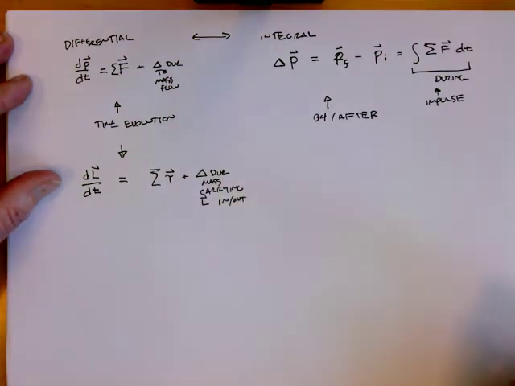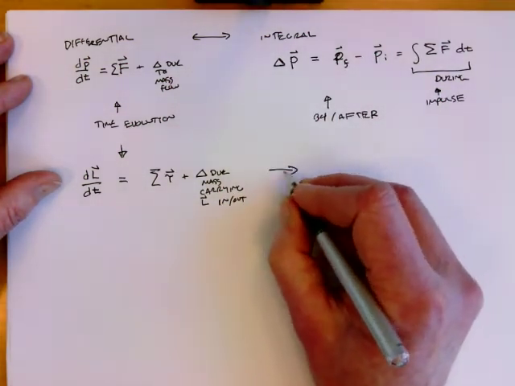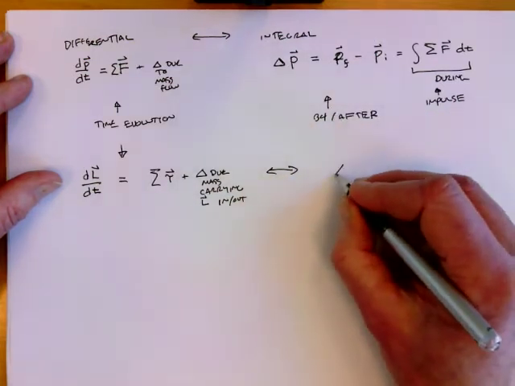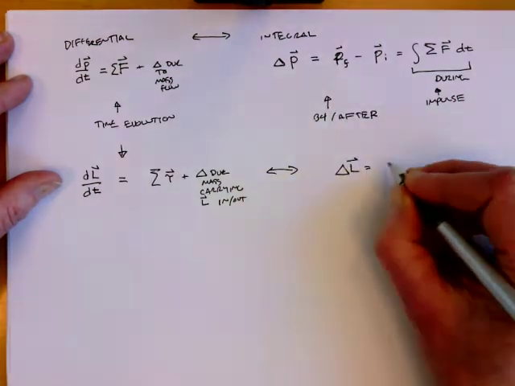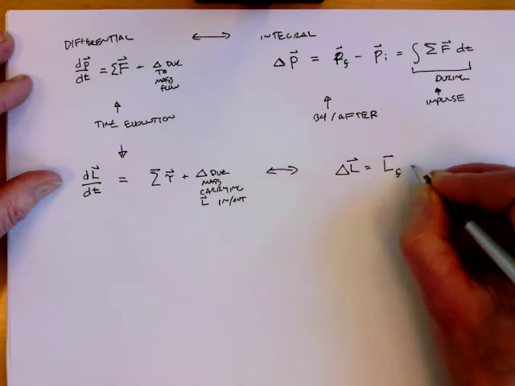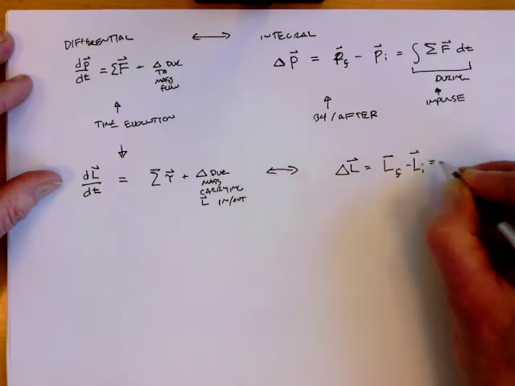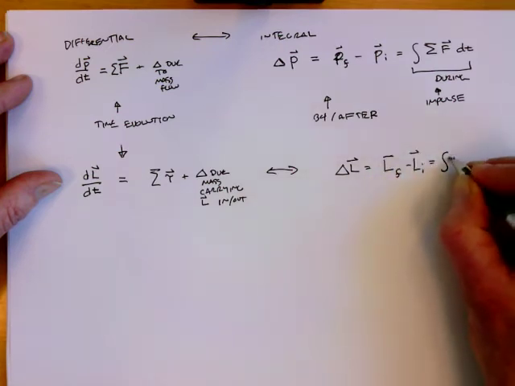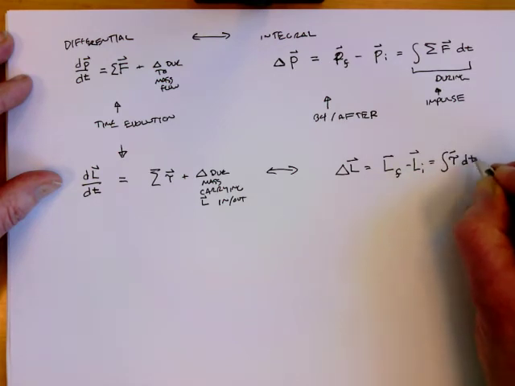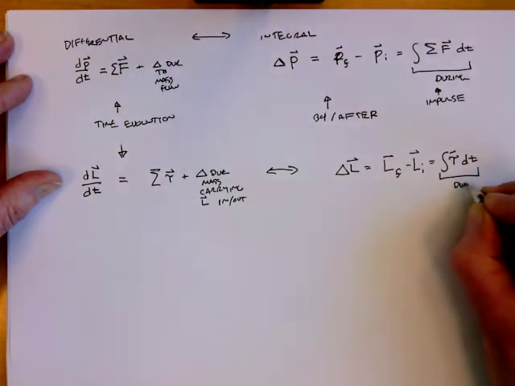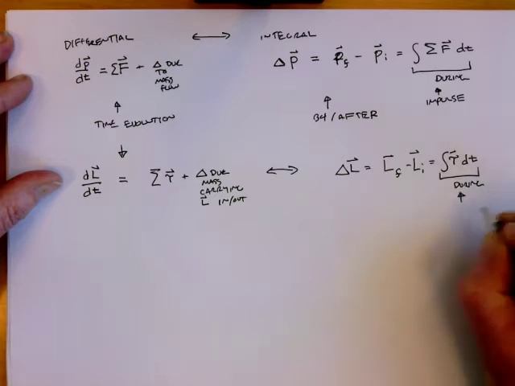And by analogy, you could also write an integral form. You could say the change in angular momentum, the final angular momentum of the system minus the initial angular momentum of the system, would be equal to the integral of the torques acting on the system during the event, which we in turn could call the angular impulse.